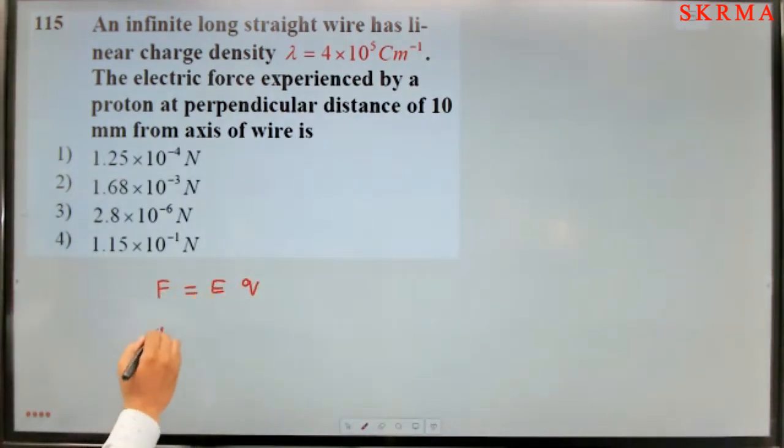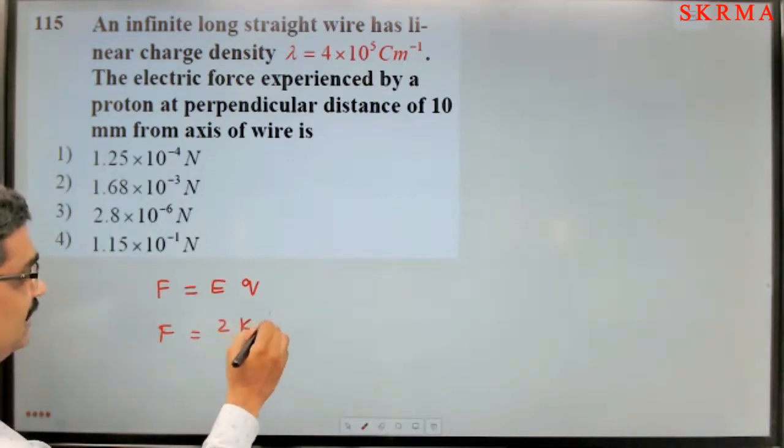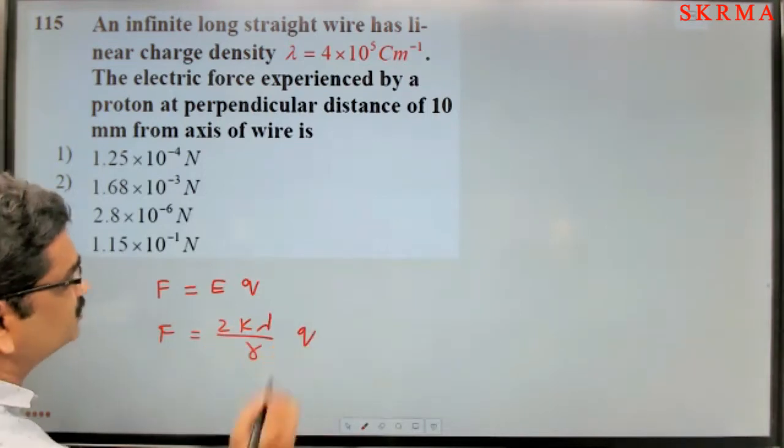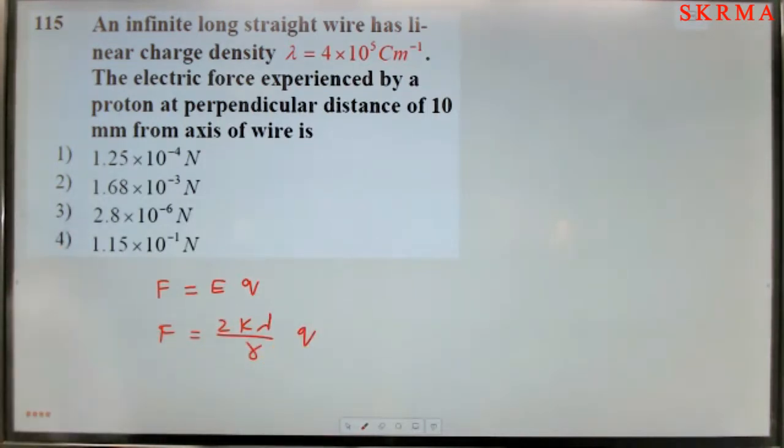Now, what is the electric field due to an infinite line of charge? Can you write that equation? If you write that equation, then you can directly substitute. The electric field is 2k lambda by r, into charge. Substitute and solve.